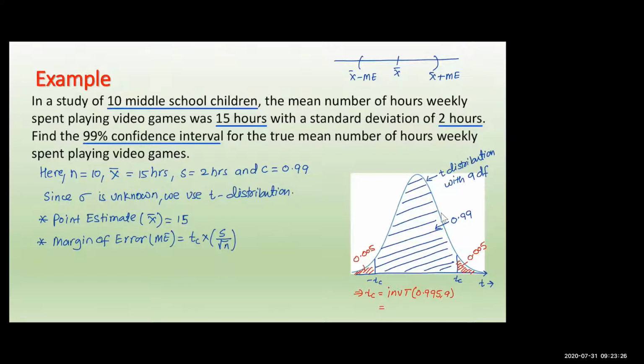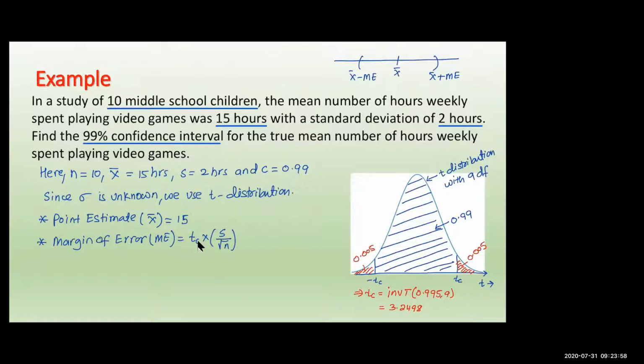Now, if we type this information in our calculator by going second vars and then number 4, you should get 3.2498. Make sure you try that in your TI-84 calculator. In order to get inverse t, it is second vars number 4. You put the area and the degrees of freedom, you should get 3.2498.